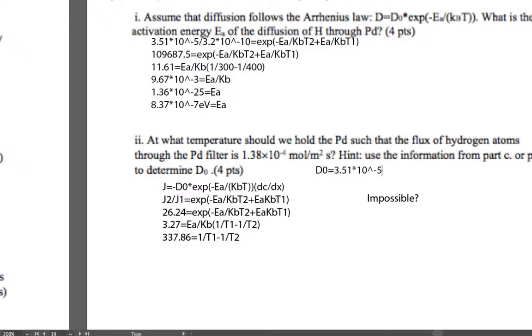And then after that you want to take the natural log of the answer. You multiply that by a negative number. Oh, okay, by negative 1 there. So you get 8.3431. And so that's basically EA over KB T1.